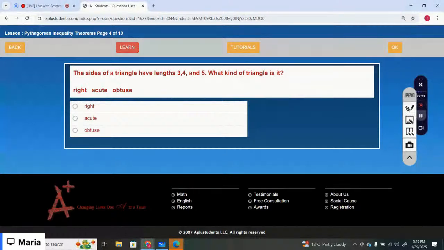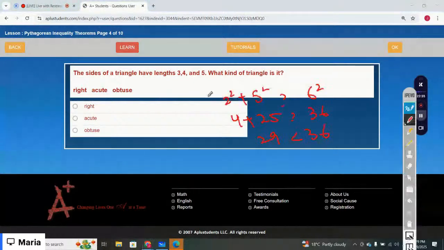The sides of a triangle have the length 3, 4, and 5. What kind of triangle is it? That is 3 square plus 4 square. You have to compare it to 5 square. 9 plus 16 is 25, and 25 is equal to 25.